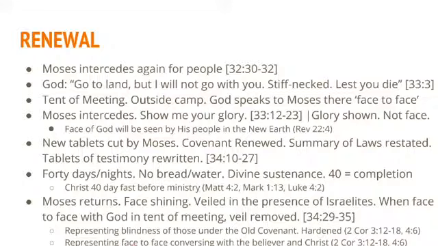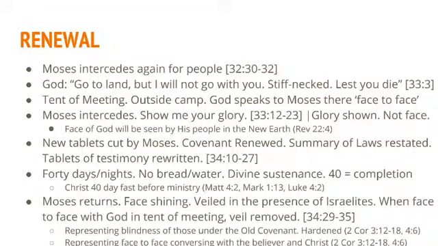But he also says the text represents the face-to-face conversing that a believer has with Christ. So Paul's point was that just as Moses went to that tent of meeting and did not have to veil his face, he had that face-to-face conversing with God.